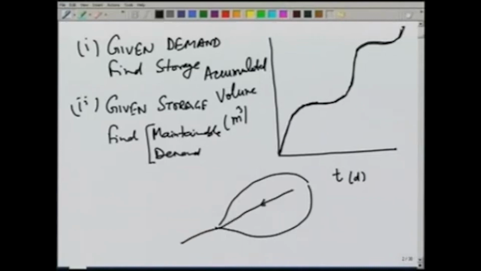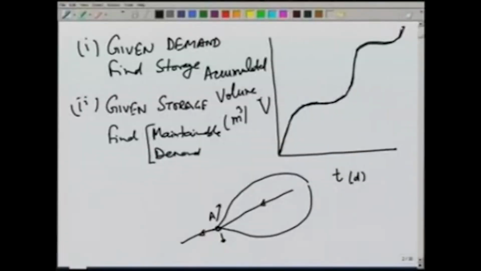So, if this is a channel and we are looking at this point A, the hydrograph at A will give us the amount of water which is coming from the upstream side at the point A, and the demand would mean whatever demands are existing in the nearby area as well as whatever amount of water we have to release downstream. So, we will include everything in the demand, and we have already seen that the maximum demand which we can maintain would be obtained by the average annual yield of the stream.